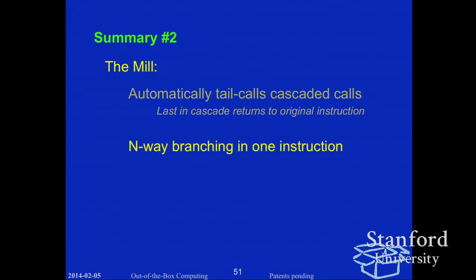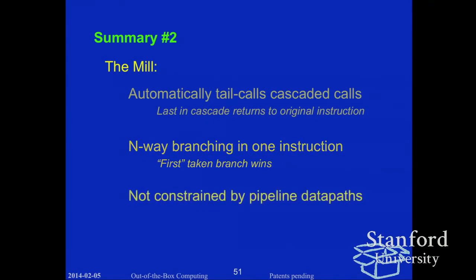There's n-way branching in one instruction, and the compiler and the hardware both know what's going to happen and schedule the code accordingly. We're not constrained by pipeline data paths because we can gang, assuming that the underlying functional capacity is there.